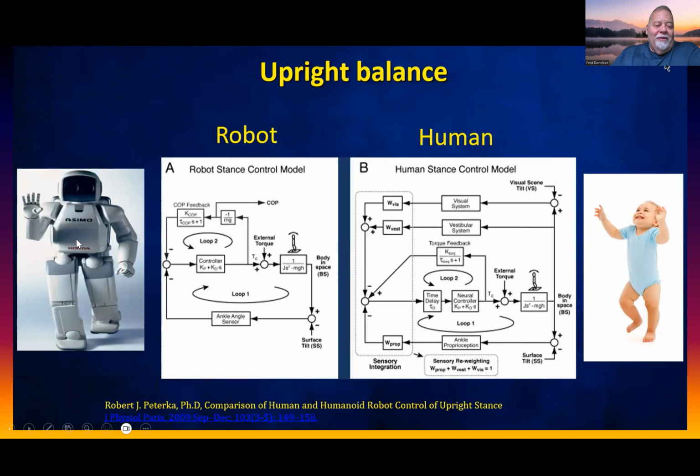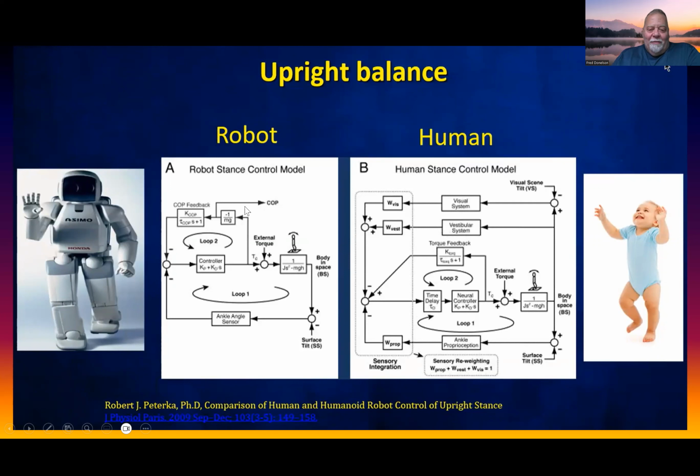Asimo is made, I think, by Honda, and it's taken them about 10 or 12 years to get it to really be able to stand up and walk very efficiently. Now they can go downstairs and stuff, but they still are not nearly as stable as a human. What he did was compare the systems for just staying upright, just being able to balance themselves.